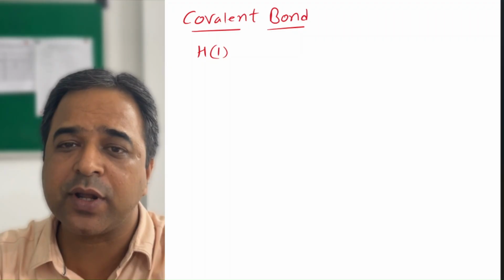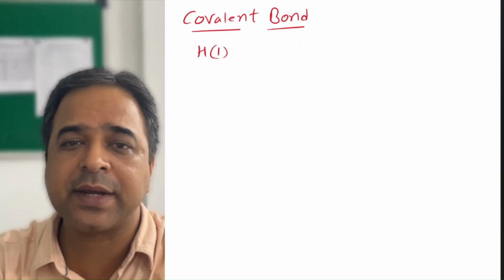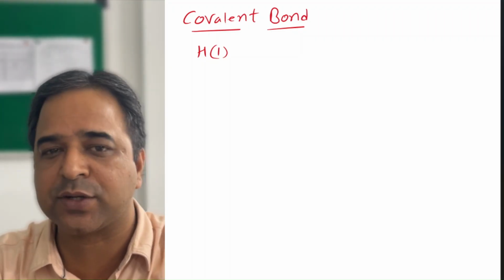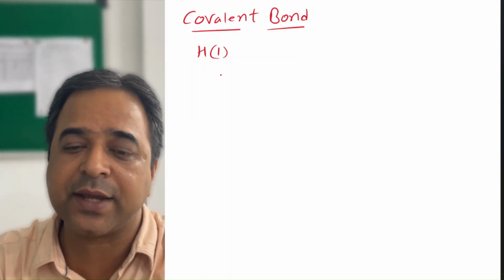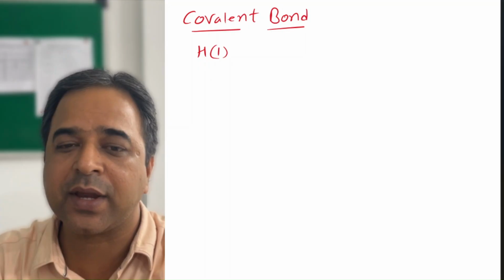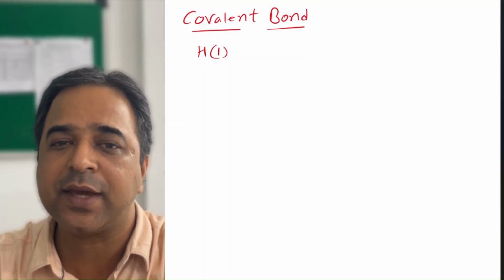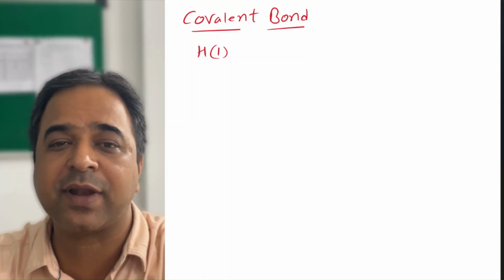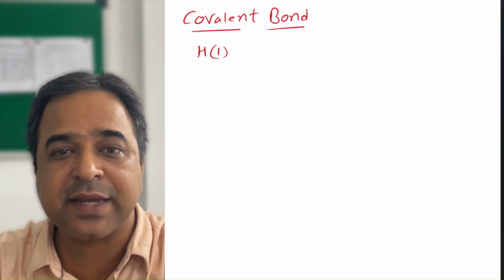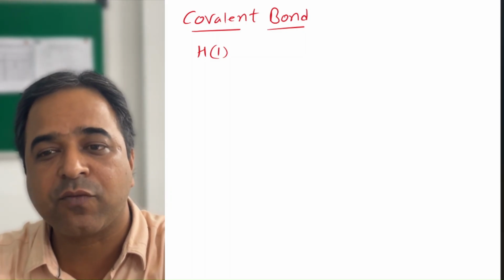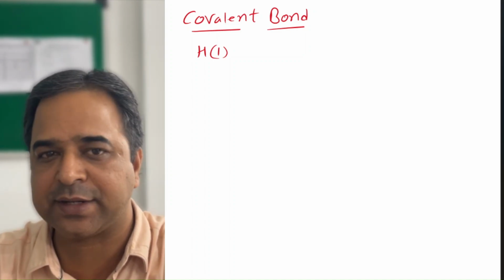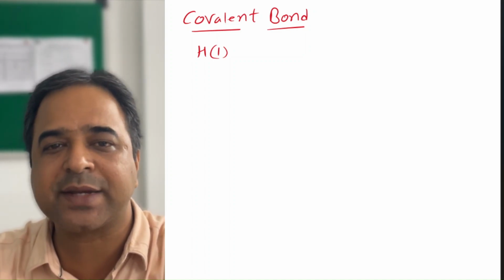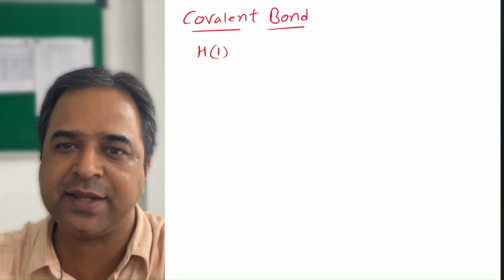According to the Bohr and Bury rule, it can occupy a maximum of 2 electrons only. So if this hydrogen can get one more electron, its duplet condition will be completed. It will behave like helium, because helium has its first and last shell totally fulfilled. So its duplet condition is satisfied in helium.